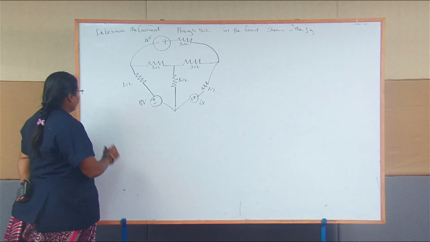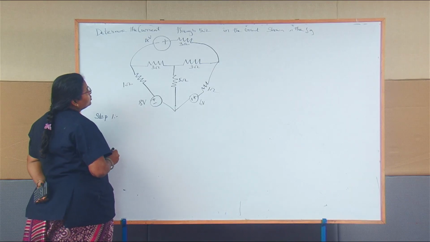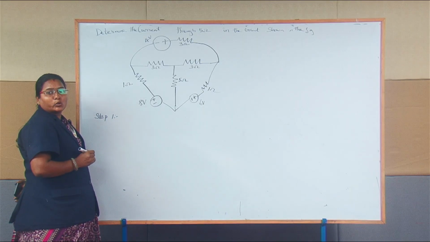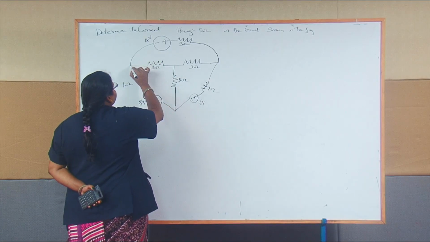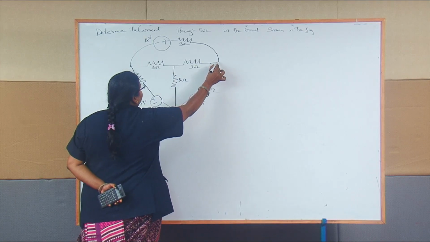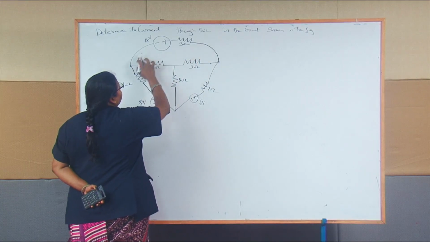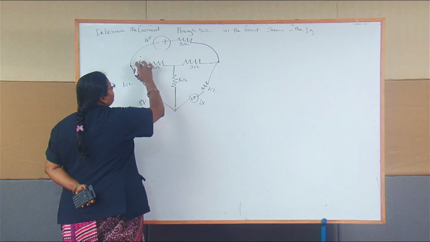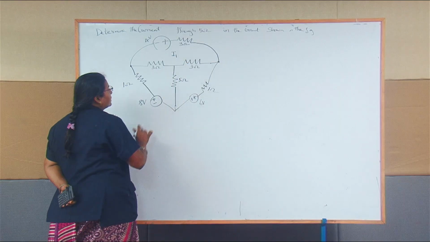So first, step 1, you have to identify how many loops in the circuit. If I am considering this point to this point, this is also one loop. I am going to consider this as loop 1, so I am going to mention I1.